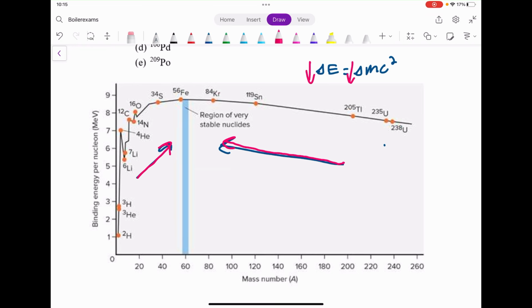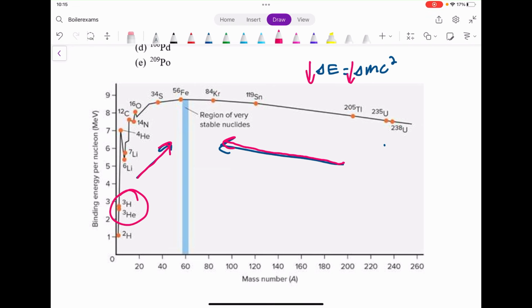So on this graph, the endpoints are the higher masses, and this point is going to be your lower mass. I think it's an intuitive way to think about it. When we compare them, they even have hydrogen-3 and helium-3.